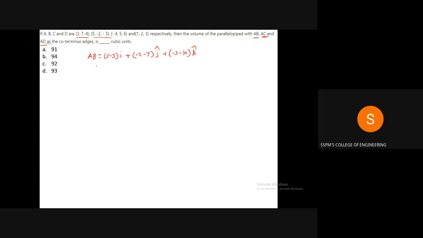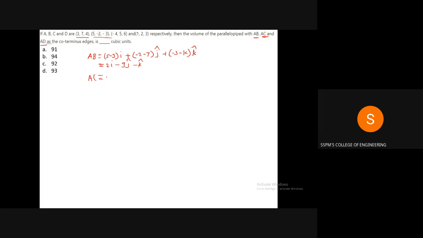This is the value of AB. Calculating this, 5 minus 3 is 2i, minus 9j, minus k. So AB is equal to 2i minus 9j minus k. This is the first side of the parallelepiped.